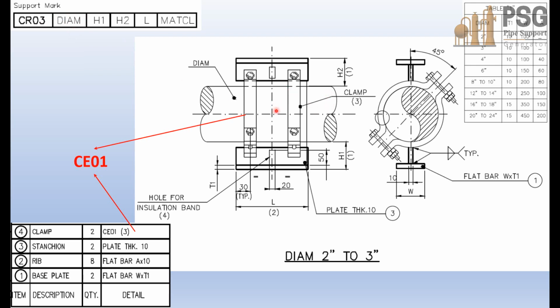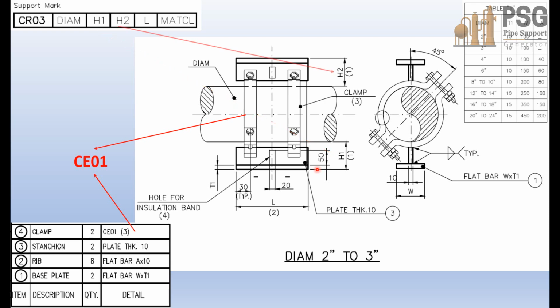Okay, so if you take a look here, this term indicates the size of the pipeline. And the third term from the support mark indicates the height of the bottom support, which is H1. Okay, it's measured from the outside diameter of the pipe to the end of the base plate.